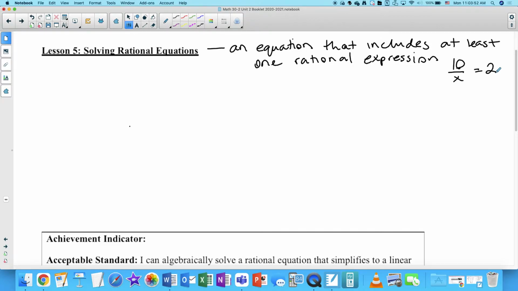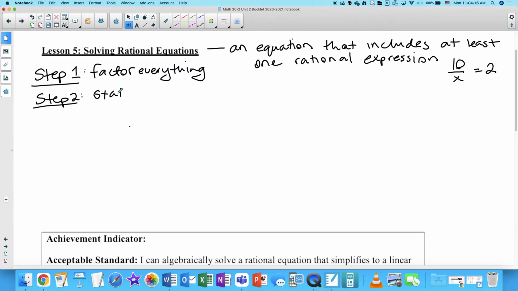Step 1: factor everything. Step 2, and I like to do this as the second step, but actually you could do it later on, is state non-permissible values. Now, in the third step, we're going to essentially do what we did with that last linear equation.